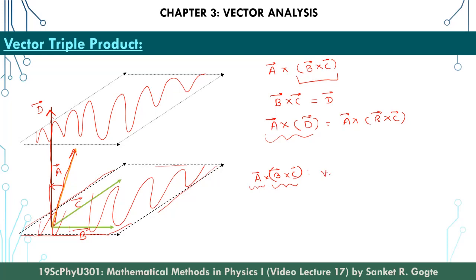So this vector, which is the resultant of vector triple product, lies in plane with vector B and C. So the vector triple product is always going to lie in the plane which contains vector B and vector C.